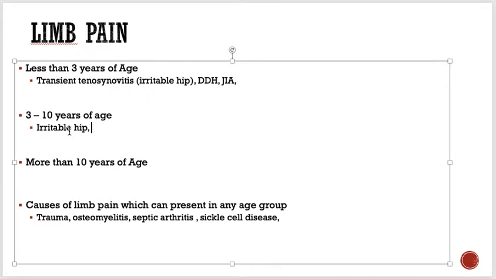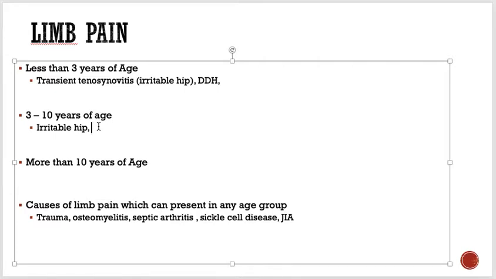Now in this age group, for example, juvenile idiopathic arthritis can occur. By the way, we can remove juvenile idiopathic arthritis from here and here, and just to make it easy, I can include it in this one as JIA, juvenile idiopathic arthritis. So irritable hip can occur in this age group.